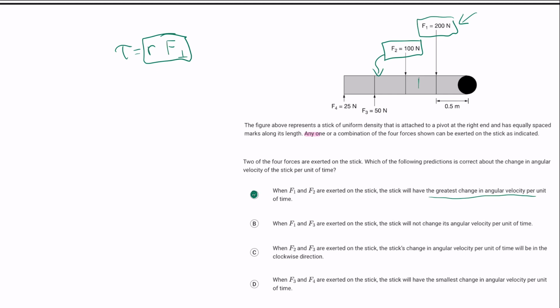When F1 and F3 are exerted on the stick, it will not change its angular velocity per unit time. So it's saying that F1 and F3 together will cancel each other out. Will they?